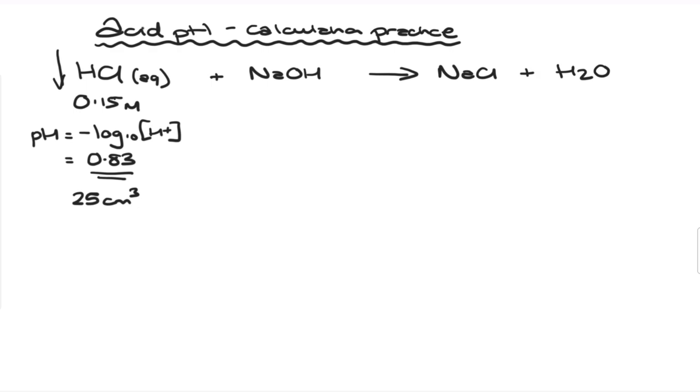Now we know from general knowledge that that would probably relate to an increase in the pH, but using calculation we can actually work out what that change would be.